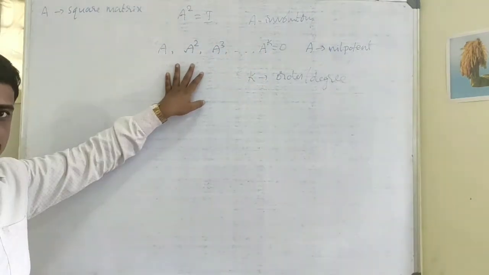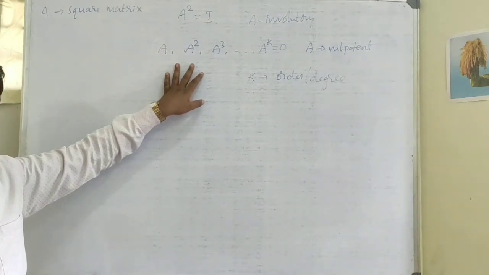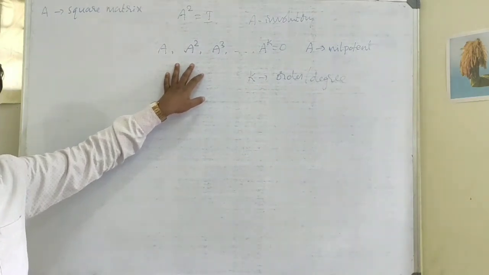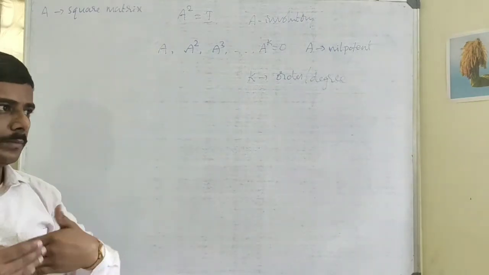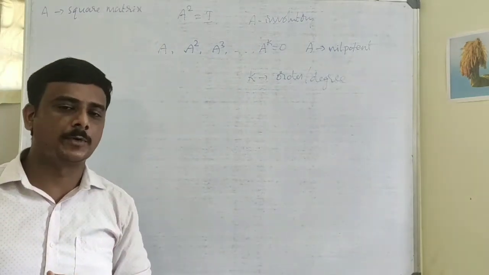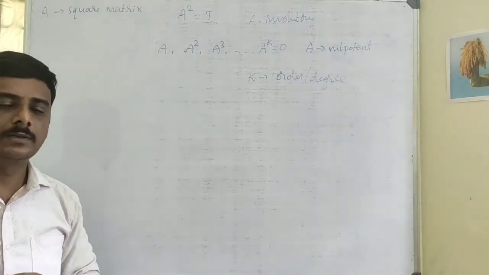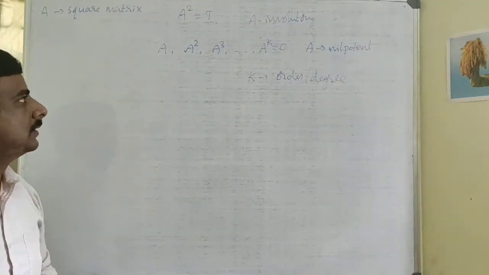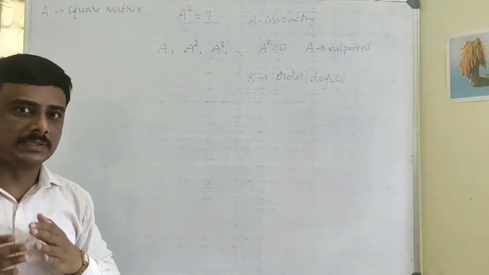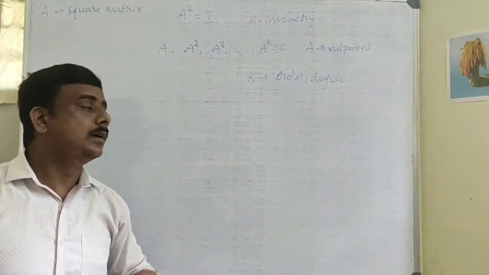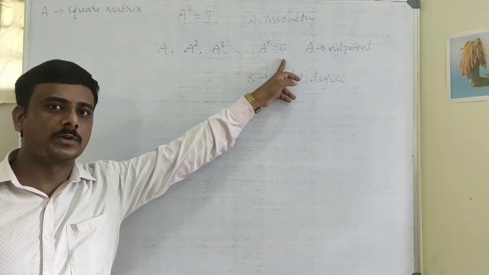If it is an identity matrix I, then the given matrix is involutory. If not, then the matrix is not involutory. Similarly, suppose you are asked to verify whether the given matrix A is nilpotent or not, then multiply it with itself. Maximum you can go up to A power 4 or A power 5. Beyond that we don't usually go. When you take these products A square, A cube, then you get the idea whether the matrix is going to be a zero matrix or not.